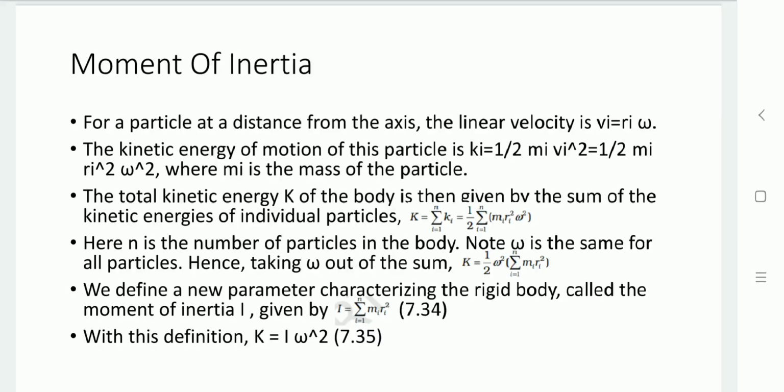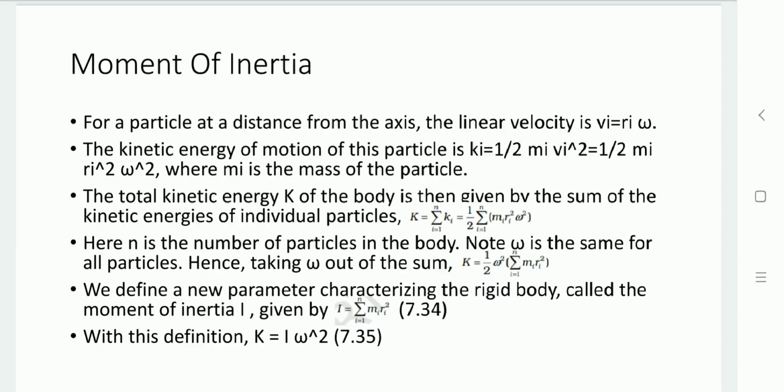So here the total kinetic energy K of this body, of the system, is the sum of the kinetic energies of the individual particles. So capital K equals the summation of Ki, i from 1 to n. That is equal to 1/2 summation of mi ri square omega square, i equal to 1 to n. n is the number of particles of the body and omega is the same for all the particles.